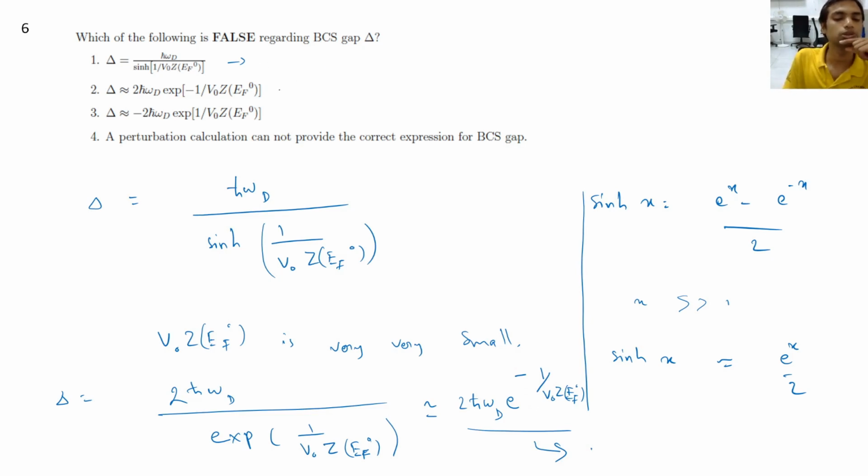So starting from here we showed that this is true, and there is no minus sign here, so this is false. The fourth option says that the perturbation calculation cannot provide the correct expression for the BCS gap. So this is true. You cannot obtain the BCS gap from a perturbation calculation.